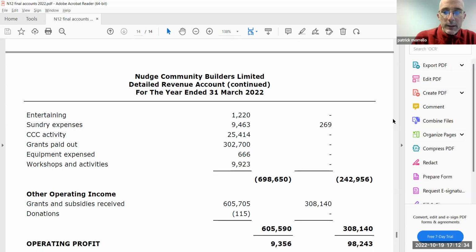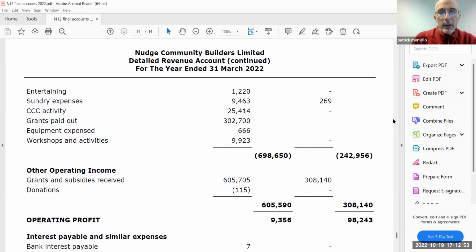So the total expenditure there is 698,000, of which 302 is this paying out of grants. So Nudge's own expenditure, if you like, would have been 396,000, a large part of which is wages.